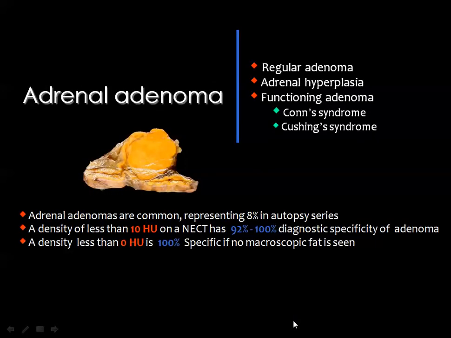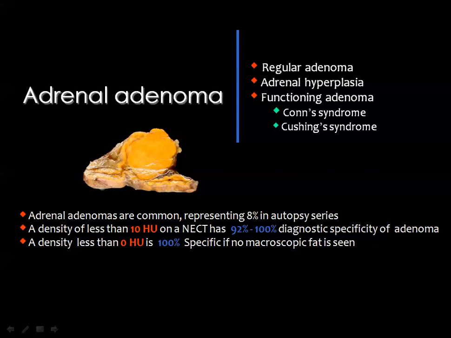Starting first with the adrenal adenoma, we have what's known as the regular adenoma, which is divided into two major categories, the lipid-rich adenoma and the lipid-poor adenoma. Also, you have the functioning adenoma and the non-functioning adenoma.